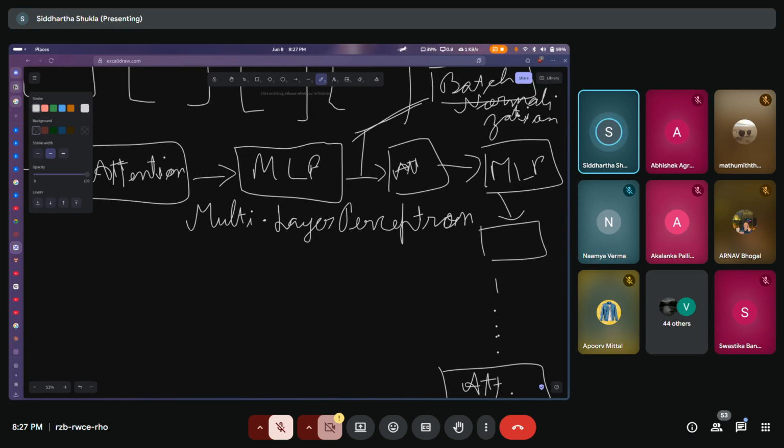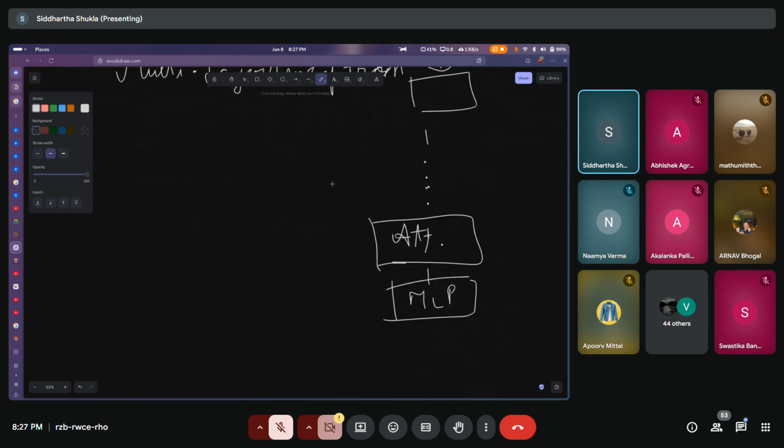The MLP block handles storing facts, information, all of that stuff. It's actually much more complicated than that, but I'm not going to go into detail because I think we need to stick to the scope of this lesson.